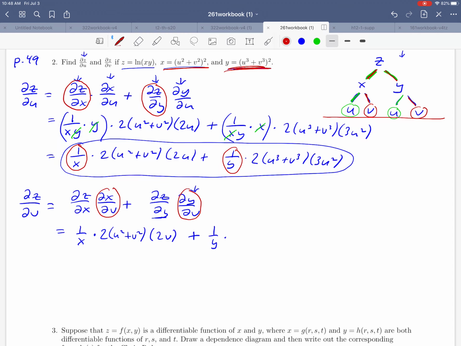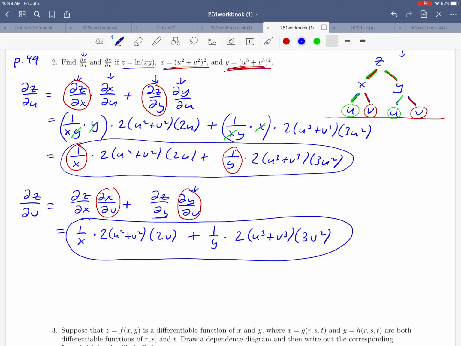Looking up at our function y, that derivative is going to be 2 times u cubed plus v cubed times the derivative of the inside with respect to v, which is just 3v squared. Without worrying about simplifying, that should be our answer to that part of the problem.